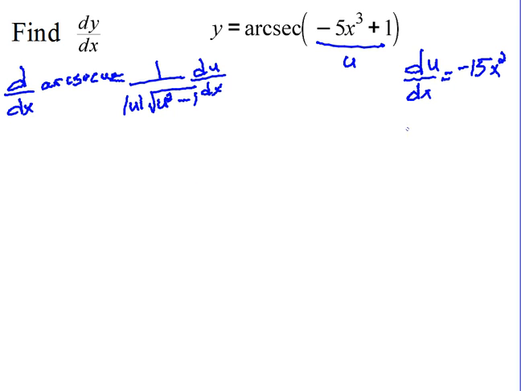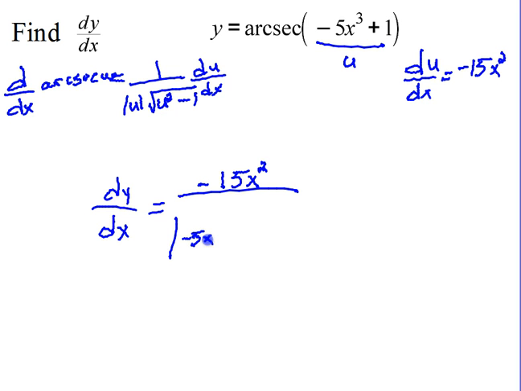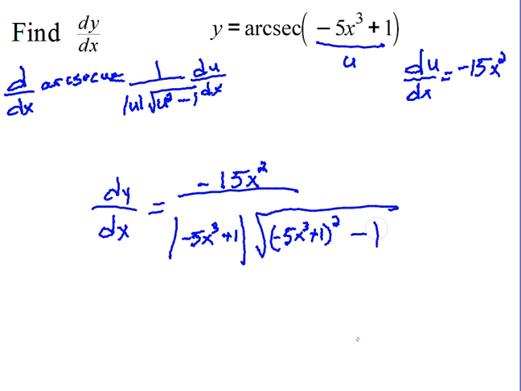So we just substitute it in, and we get dy dx is equal to negative 15x squared all over the absolute value of negative 5x cubed plus 1, and then the square root of the quantity negative 5x cubed plus 1, that quantity being squared, and we subtract 1.